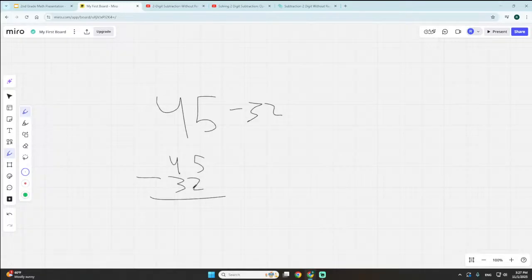But you can always pause the video. So 5 is in the ones place, and 2 is in the ones place for 32. So 5 minus 2 is 3. Now in the tens place for 45, we get 4. In the tens place for 32, we get 3. 4 minus 3 is 1. So we get 13.